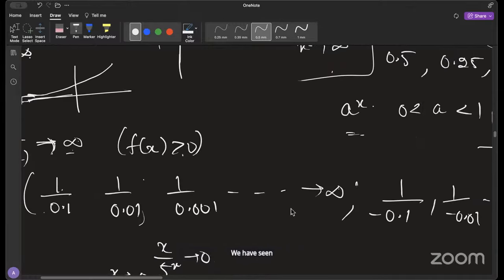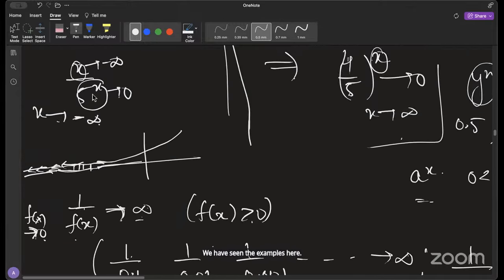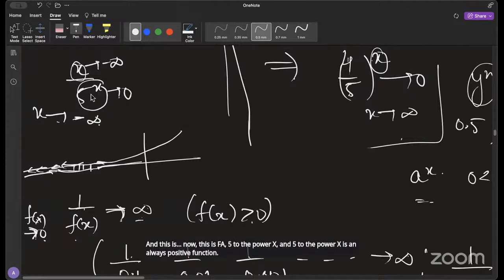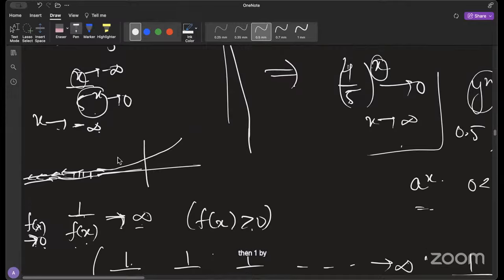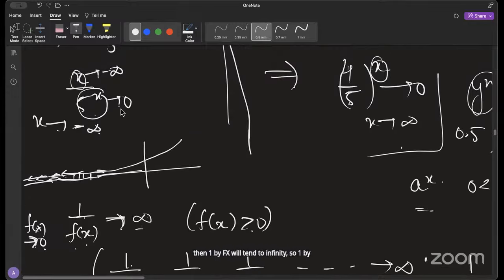We have seen the examples here. This is f(x), 5 to the power x, and 5 to the power x is an always positive function. It never becomes negative. That means if this is going to 0, it is the same as this one: a function which is always greater than 0, 5 to the power x, and it tends to 0. Then 1 by f(x) will tend to infinity. So 1 by 5^x should tend to infinity.